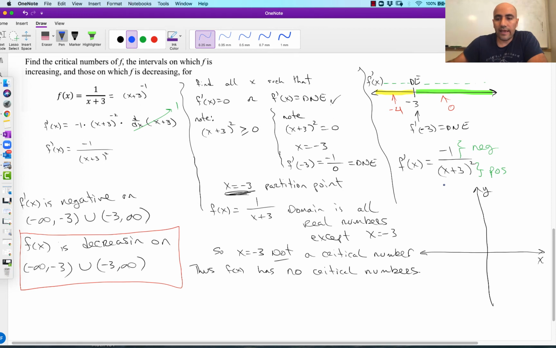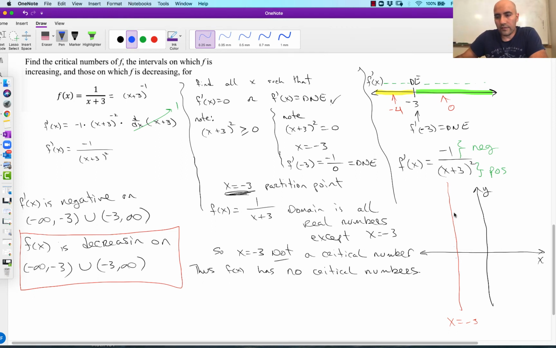Our graph is going to have a vertical asymptote at x equals -3. And then the graph is going to come up this way and this way. Not a very pretty graph, but gets the job done.